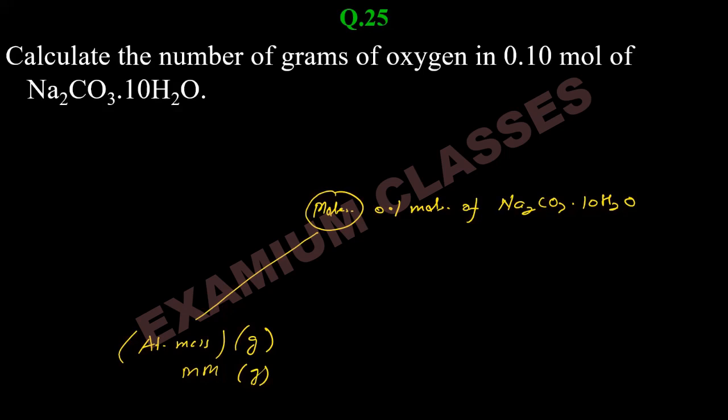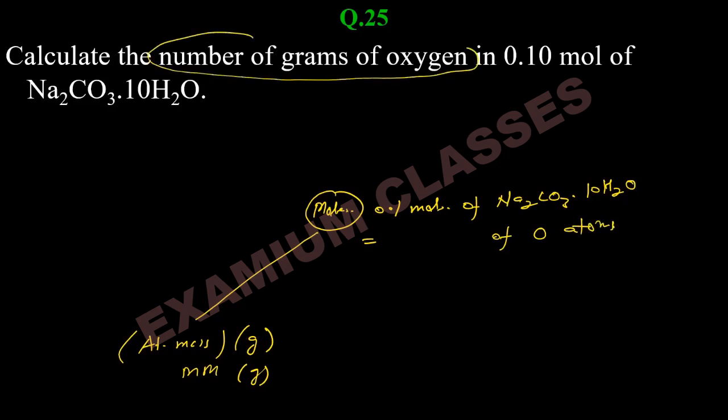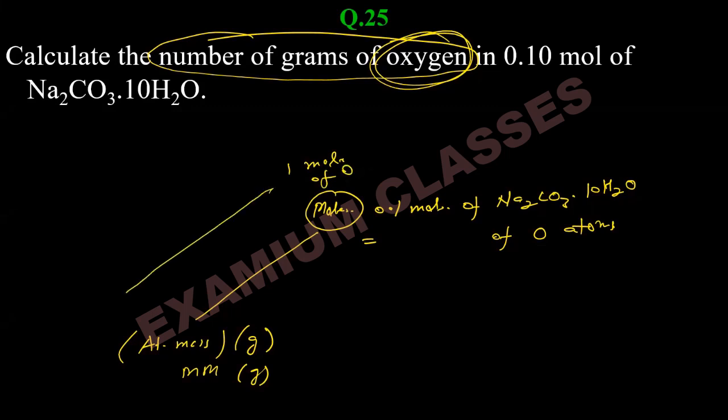To avoid that, what I did was find, in 0.1 mole of Na2CO3.10H2O, how many moles are there of oxygen atoms? Because I am talking about the number of gram atoms of oxygen only. If I can get the number of moles of oxygen, I will apply the method that 1 mole of oxygen atom equals its atomic mass in grams.